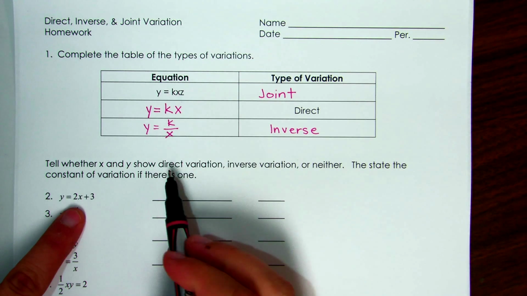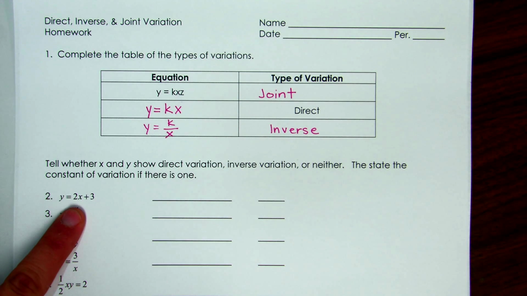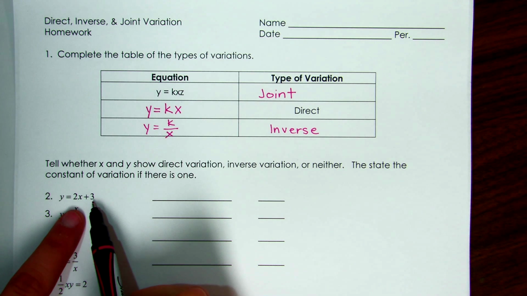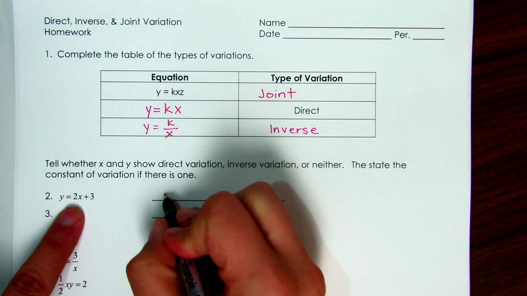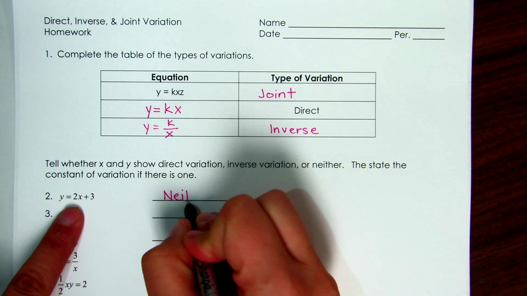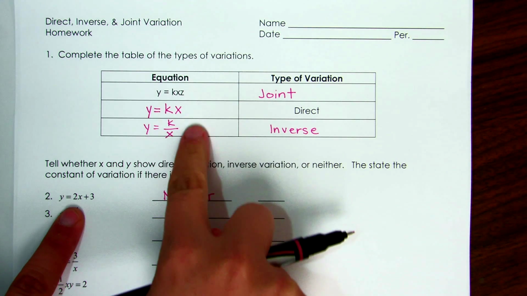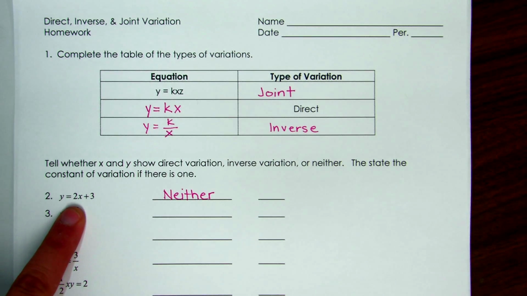So this one asks me to tell whether x and y show direct variation, inverse variation, or neither, and state the constant of variation if there is one. Y equals 2x plus 3 is going to be neither, because there is a plus or minus. We don't have any plus or minus in our equations.